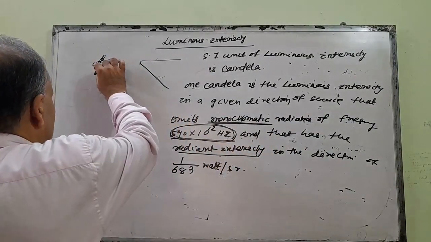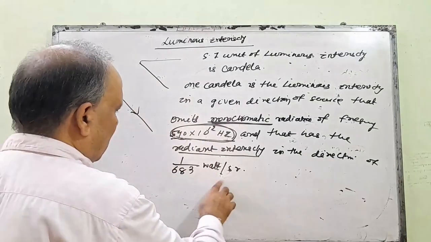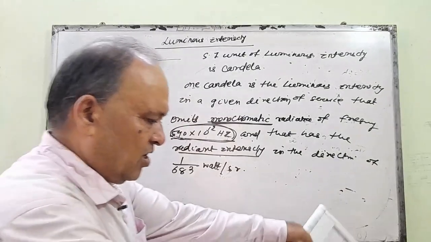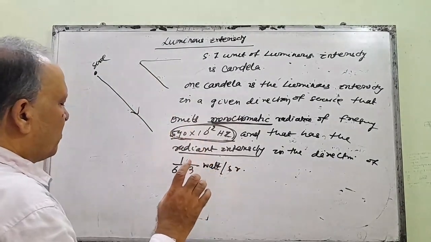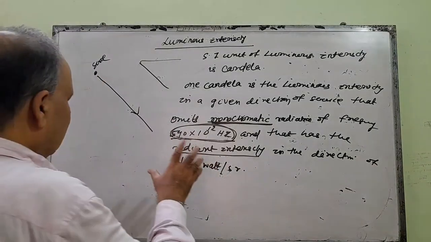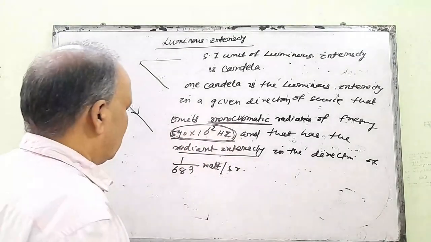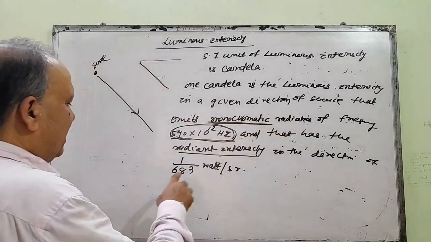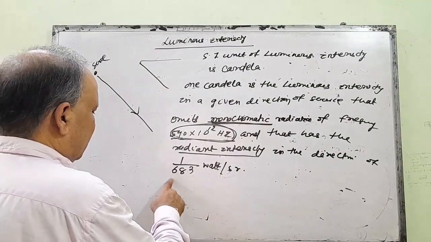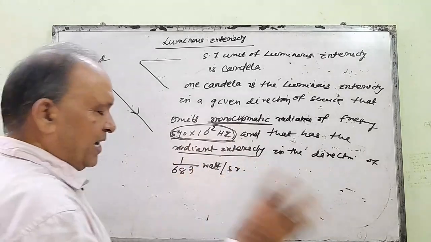Suppose this radiant intensity is going through a certain solid angle, and when that radiant intensity is divided by 683, then we get the amount of radiant intensity.